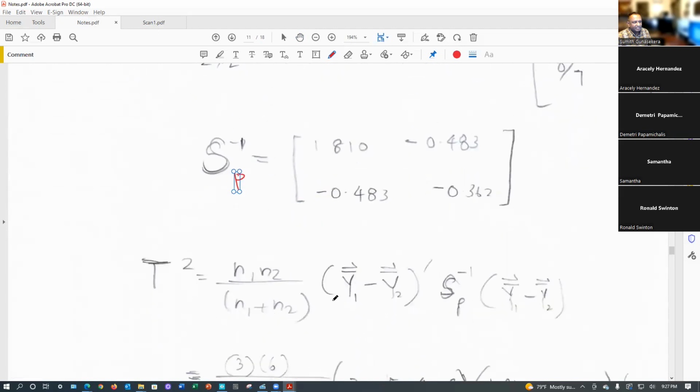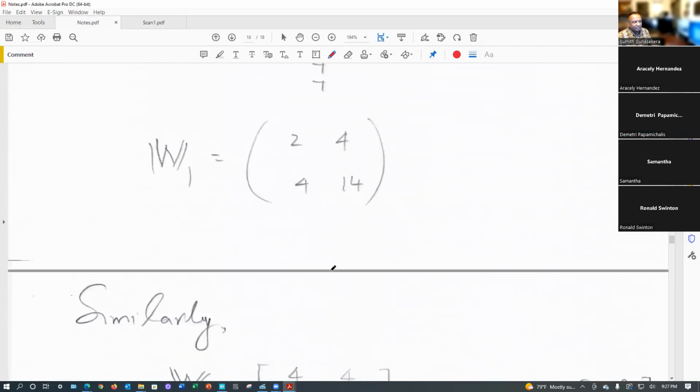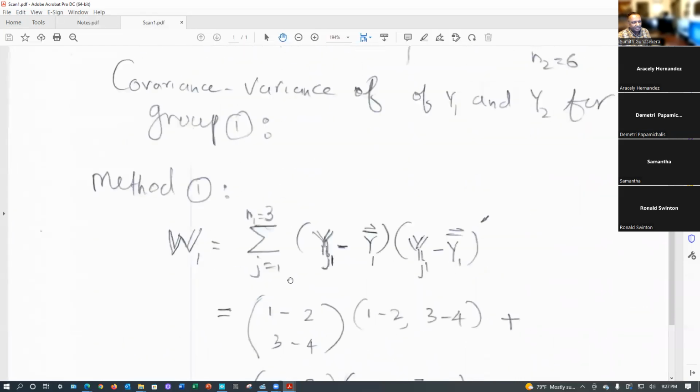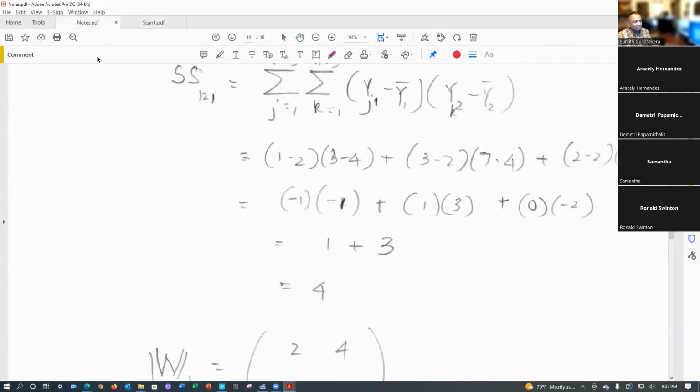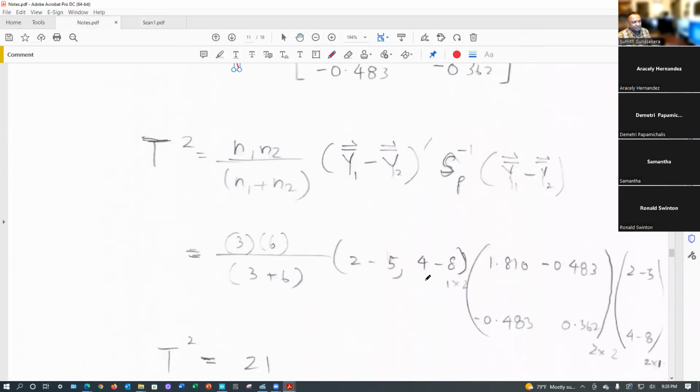This one, plug into this formula. N1 is 3, this one 6, 3 plus 6. Again, mean minus mean. From the two variables, you tackle the two variables at the same time. I'm talking about here, 2 minus 8, 2 minus 5, 4 minus 8. They both are put into a vector, and this mean difference is then transposed.